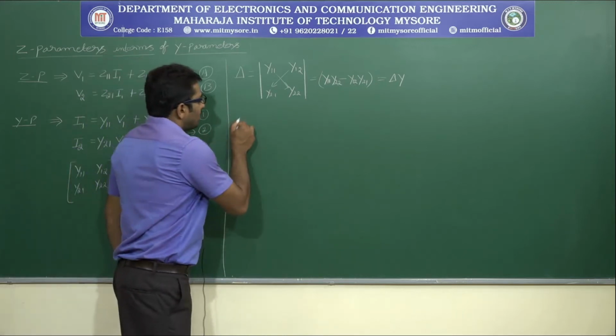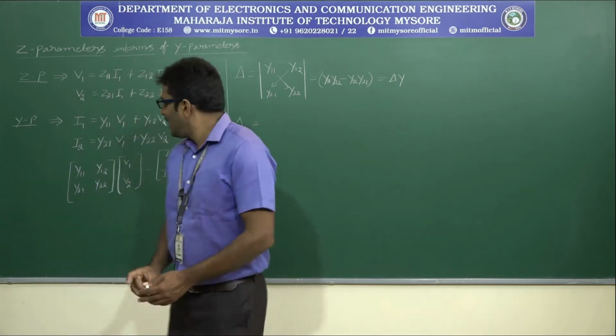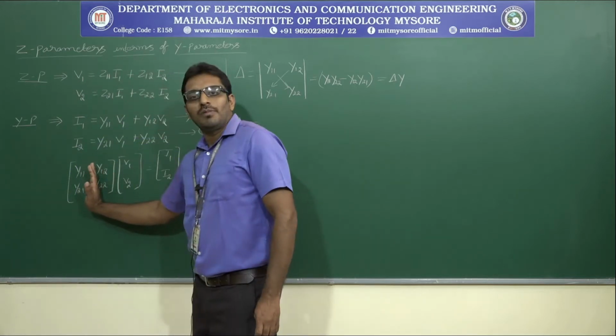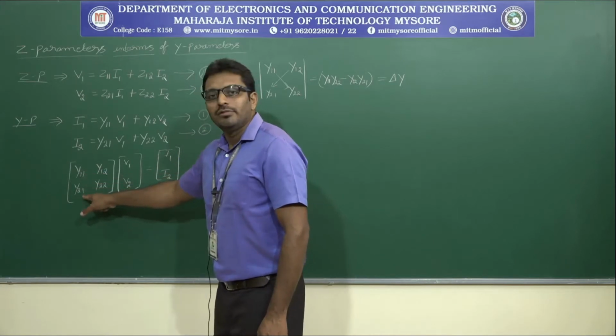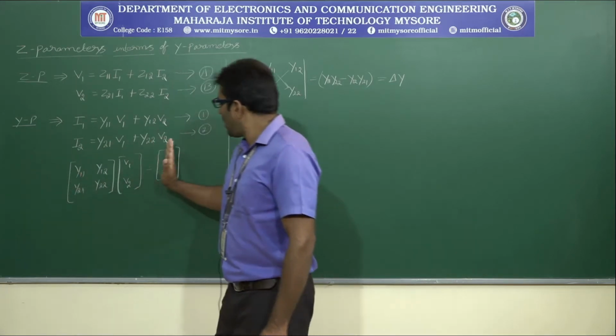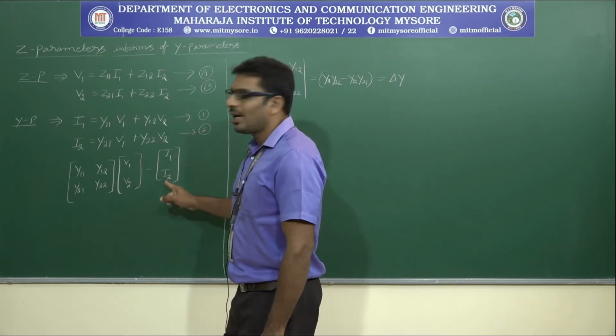Next, get the expression for delta 1. What is delta 1? Replace the first column, which consists of Y11 Y21, by the current variables, I1 and I2.